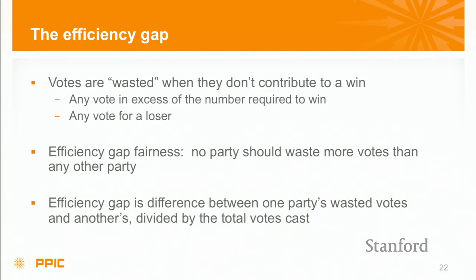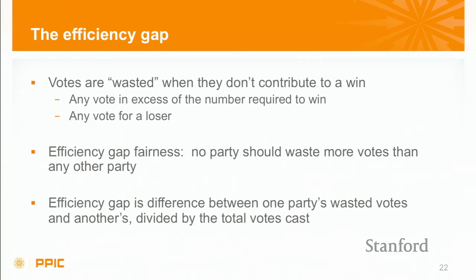So the efficiency gap just says, all right, both parties should have roughly equal wasted votes. If they don't, then it means one is winning its seats more efficiently than the other. It's getting more seats for the same vote share, and that's a problem.